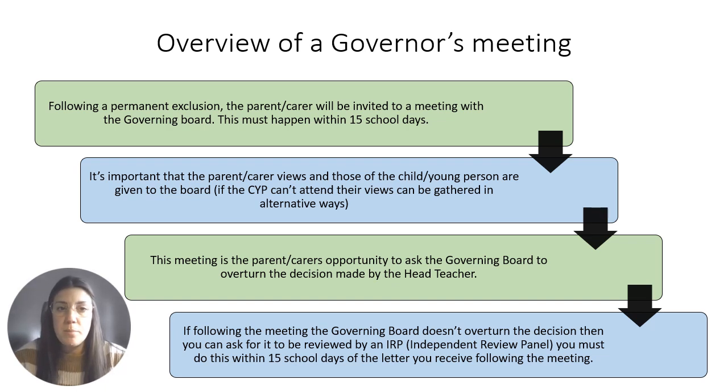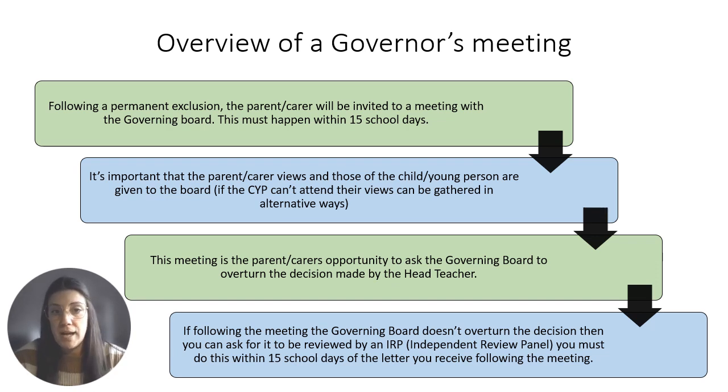It's really important to note that following a permanent exclusion or an exclusion that is more than 15 days, like in the previous slide, the parent, carer or young person will be invited to a meeting with the governing board, and this must happen within 15 school days.